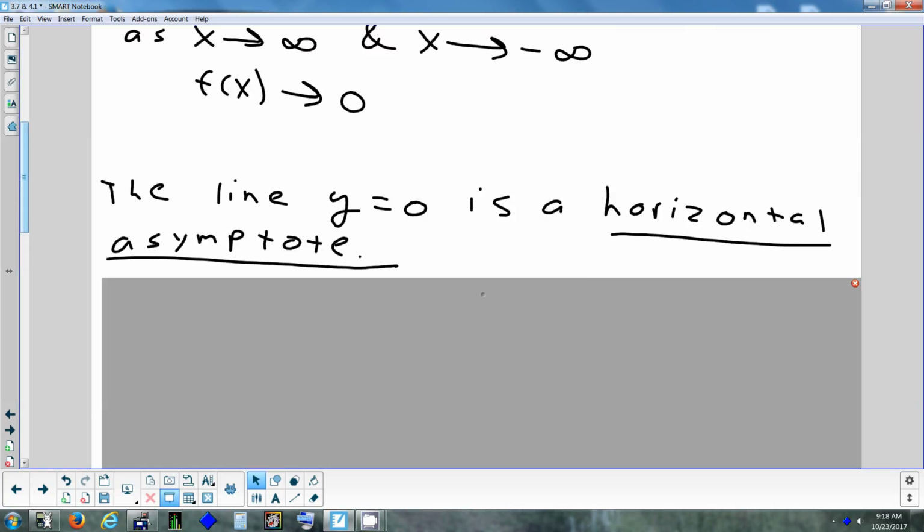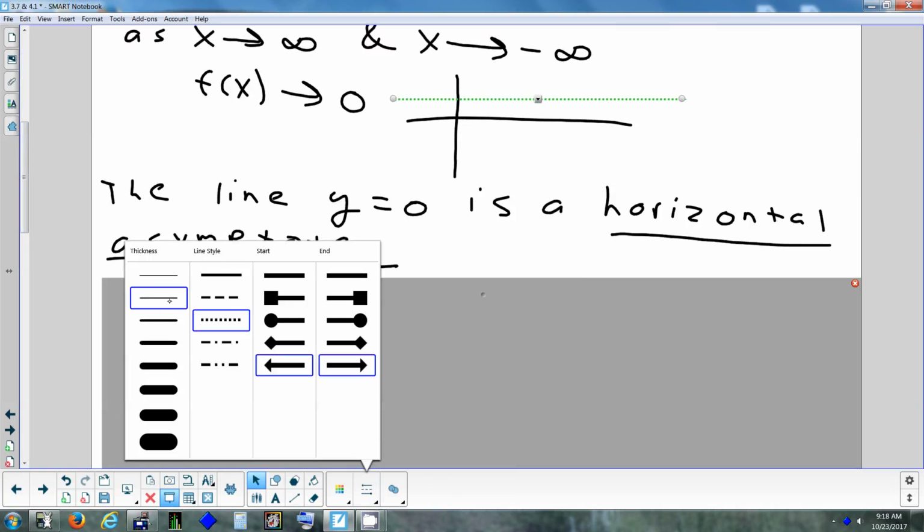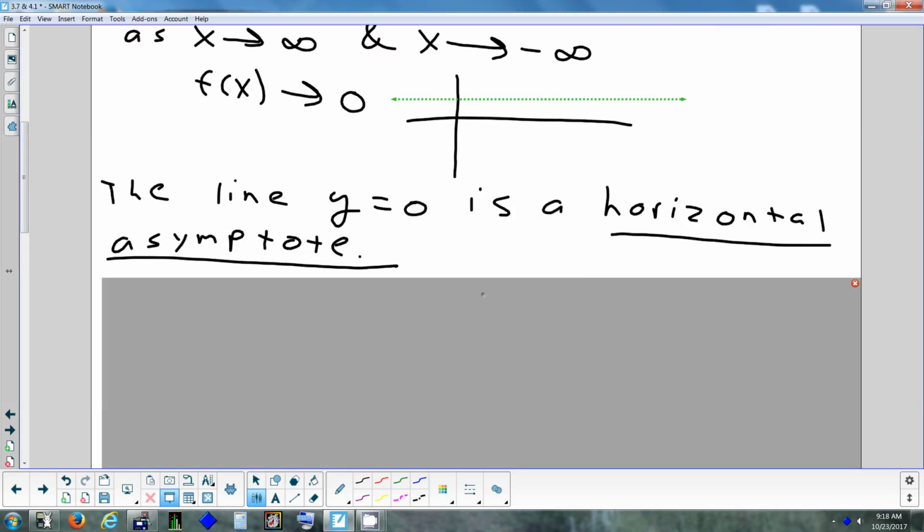So a lot of times people think an asymptote is a line that is never crossed, which isn't really true. You can cross an asymptote. Here's an example of a graph with an asymptote. And I'm going to draw something and it's going to cross it, like this.